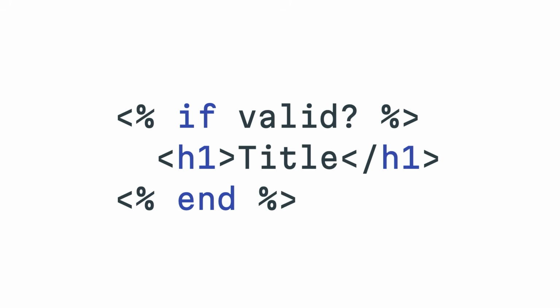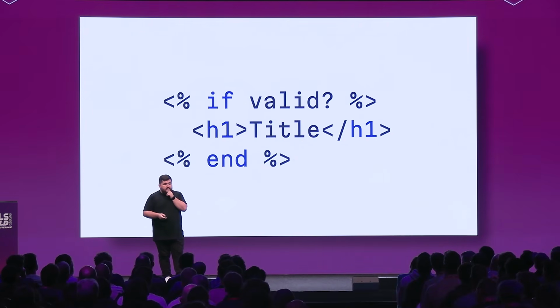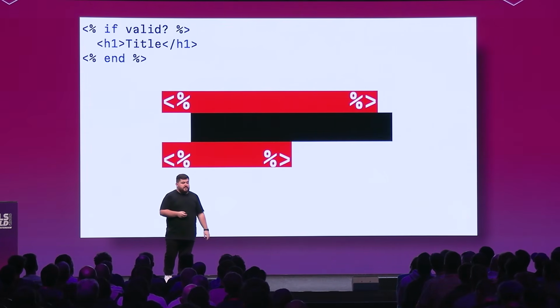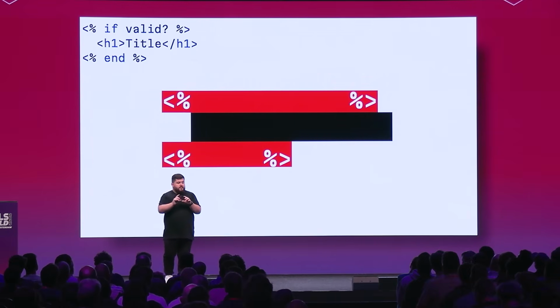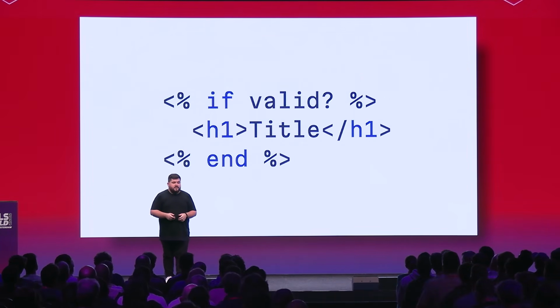I like to show this example here, where we have this if and some HTML in the middle. What a regular ERB parser would see in this case would be the ERB tag, some text, and then some ERB tag again. But it wouldn't connect the dots that this is a combined statement. So the if is being closed with that end at the end.